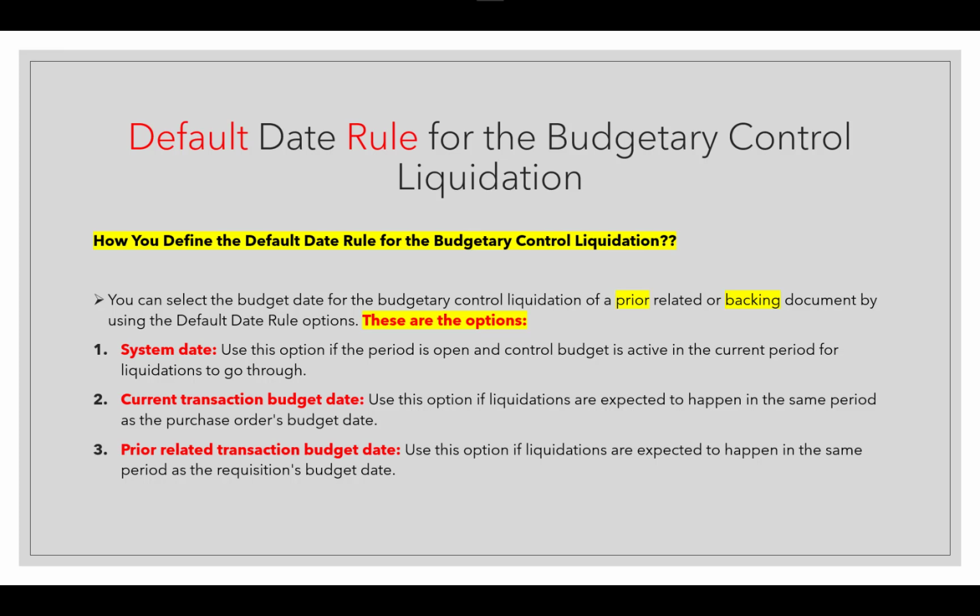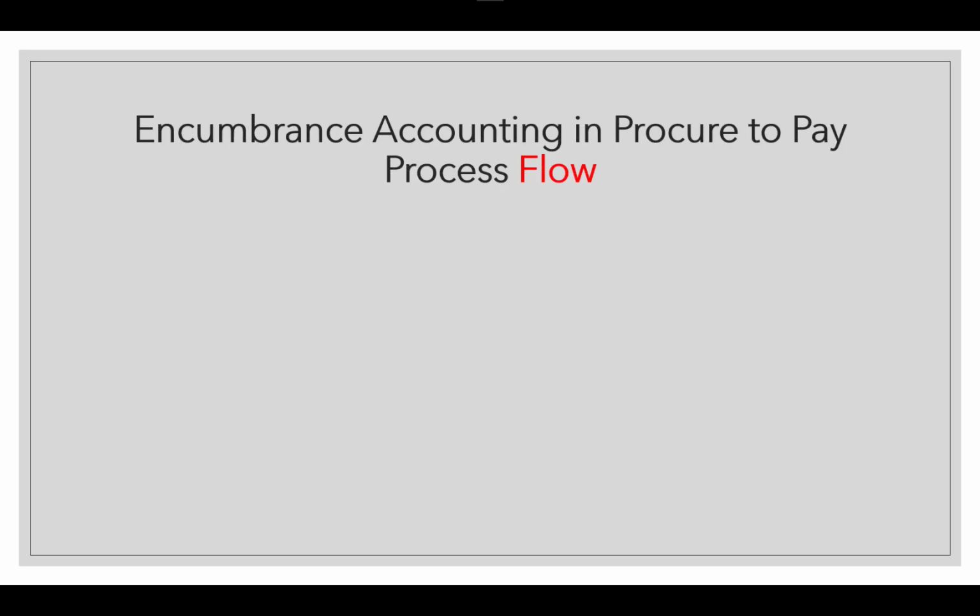Current transaction budget date is expected to happen in the same period as the purchase order's budget date. This depends on your organization's requirements. You can decide which date rule will match your requirements.